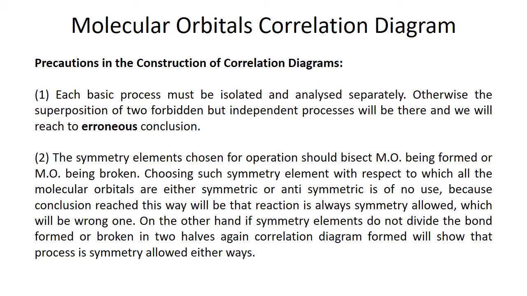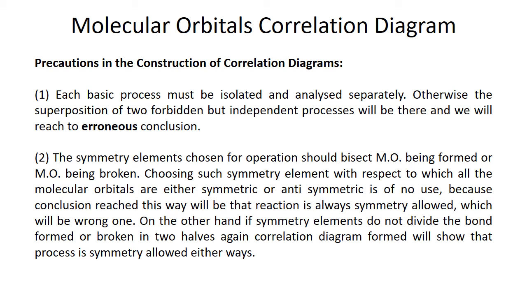Like in this case, we have talked about this formation of the sigma bond through conrotatory or disrotatory motion. They say that choosing such a symmetry element, with respect to which all the molecular orbitals are either symmetric or anti-symmetric, is of no use. If you have other p orbitals, we draw their diagrams and consider them for the symmetry operations too.